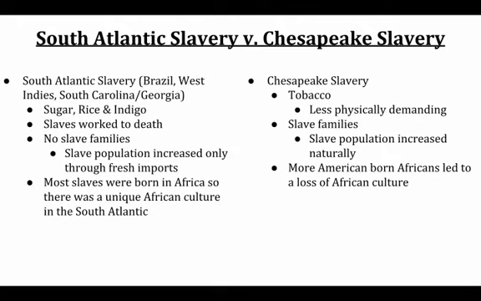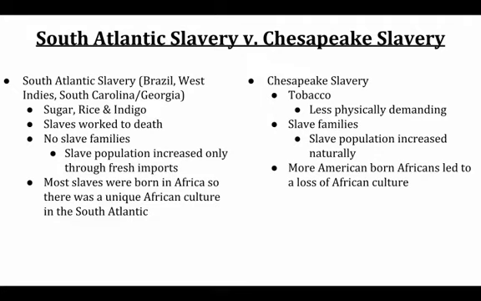The sugar plantations, like I said, require a lot of manual labor, and the conditions are horrible. And so typically people don't live very long in those conditions. We don't see many slave families popping up. And we also see a very unique African culture in those slave communities because new Africans have to be brought in to replace the slaves that are dying off from all the work.